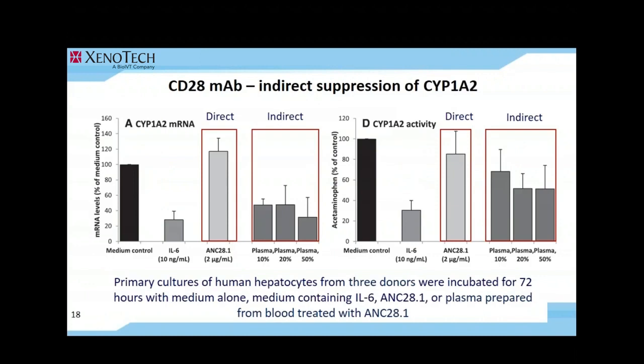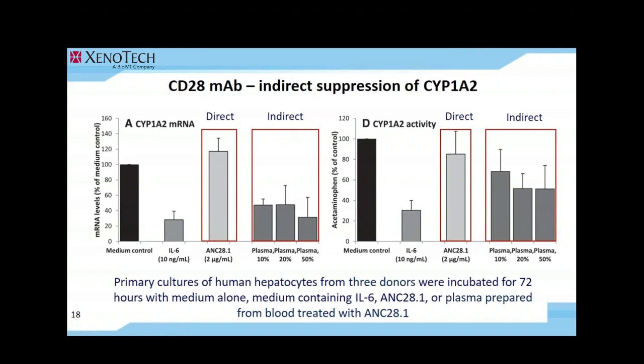These slides illustrate indirect suppression of CYP1A2. Primary cultures of human hepatocytes from three donors were incubated for 72 hours with medium alone, which is our control, medium containing IL-6, which is our positive control, here for mRNA and here for activity, as well as the antibody itself for measurement of a direct effect, and plasma from antibody-stimulated blood for measurement of indirect effects.